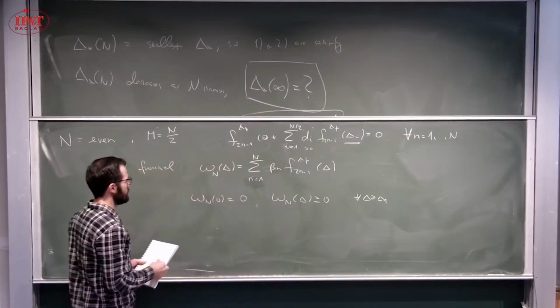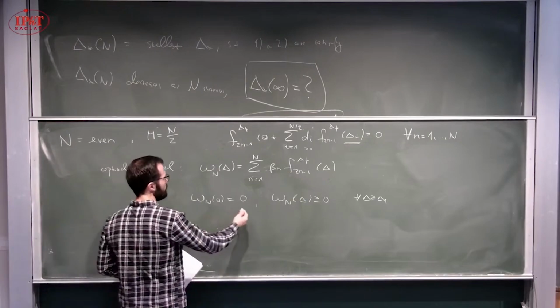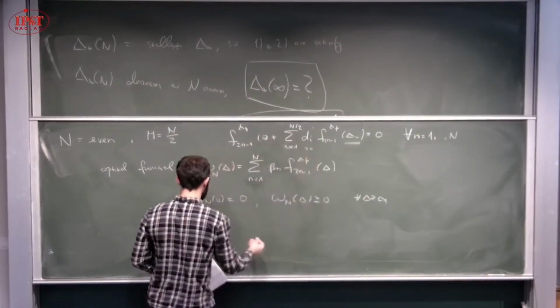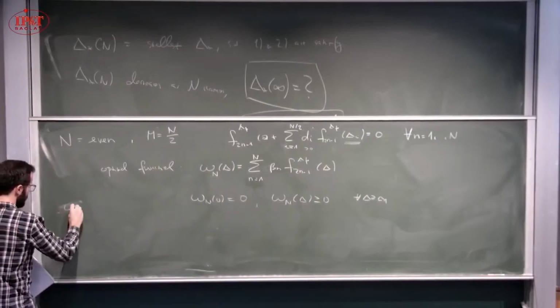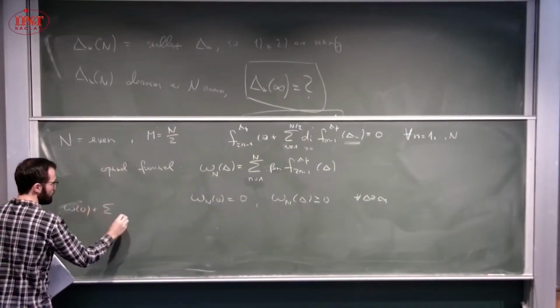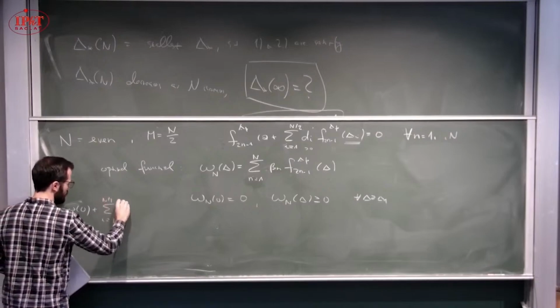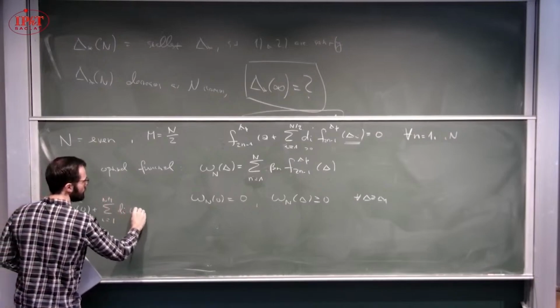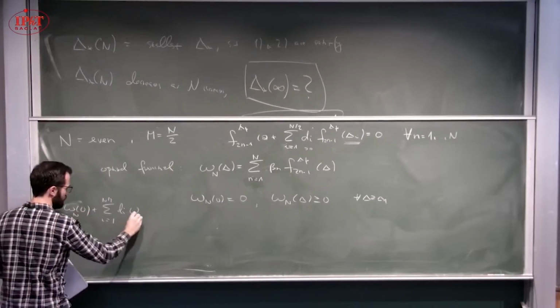But the fact that we have an actual solution of a truncated system means that we apply the functional to the equation, we get omega n.